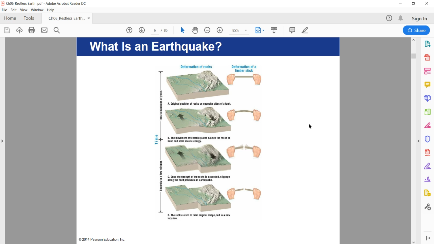So again, you have two rock masses or two plates. This is like your transform plate boundary, and the analogy here is made using a limber stick, just like a stick from any plant. In the original state, that stick is not under stress.